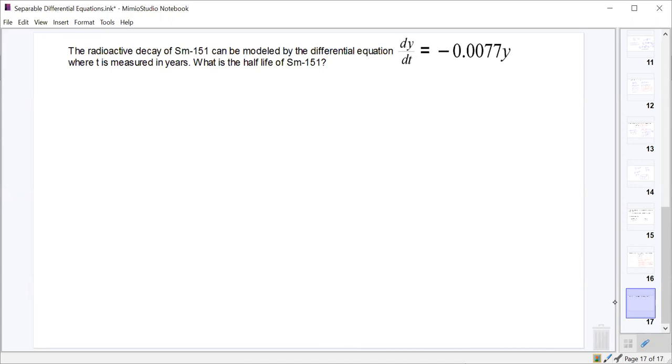The negative indicates decay, and the 0.0077 is our k value.